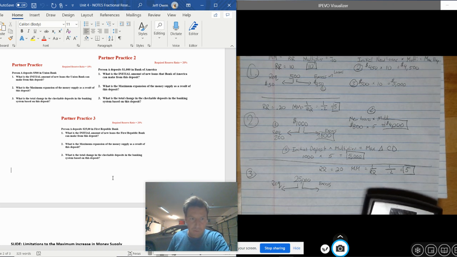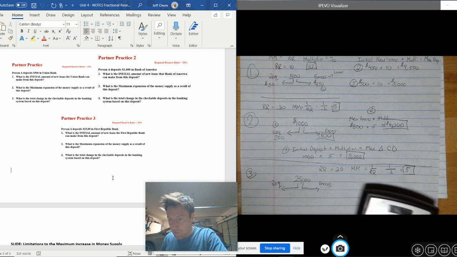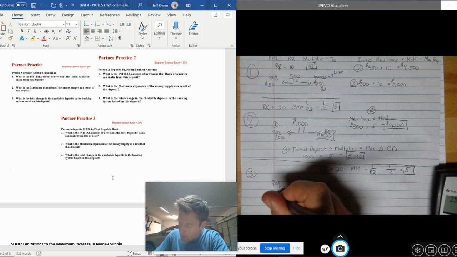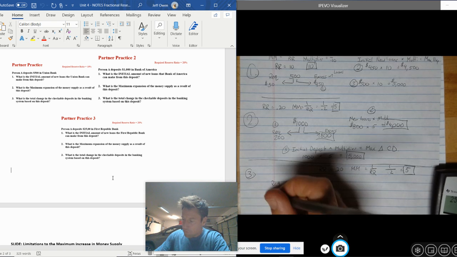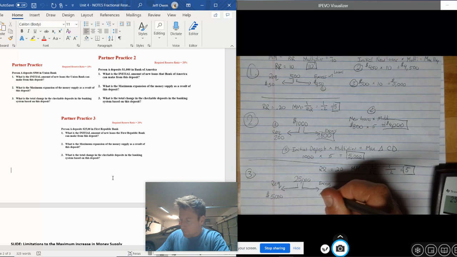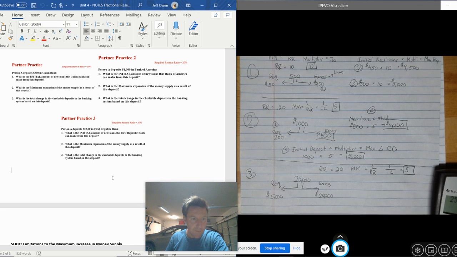What is 20% of 25,000? 25,000 times 0.2 is 5,000. So, as required by law, this bank is going to have to hold on to $5,000 in its required reserves at the bank, not to be loaned out to anybody else. What's going to go into excess reserves? $20,000.